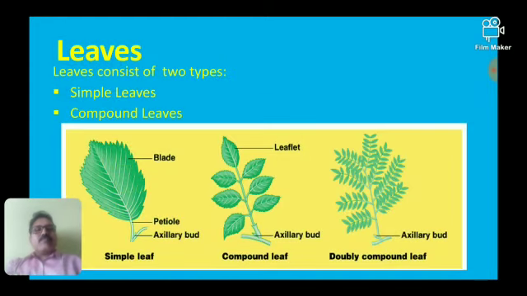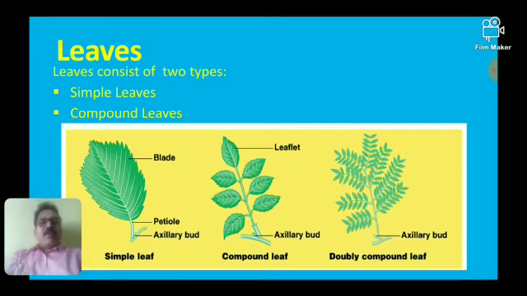Now the leaves. The leaves are the lateral appendages, as I just told you, and they perform the function of photosynthesis. They consist of two different types, one is the simple leaf and the second is the compound leaf. So these are the two main types of leaf.